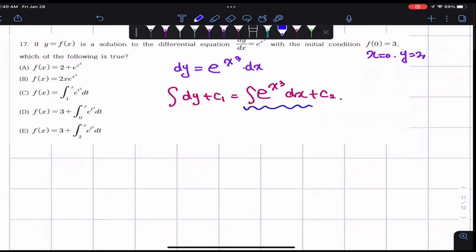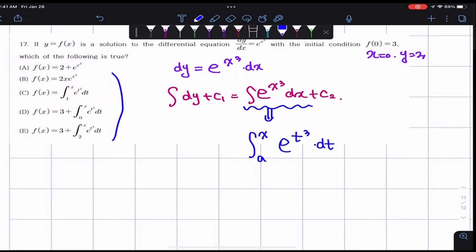It is hard to integrate this manually, so referring to this example, let's apply the fundamental theorem like this.